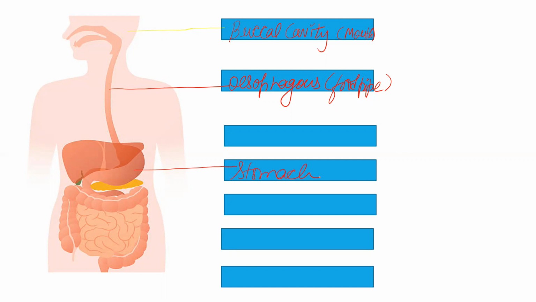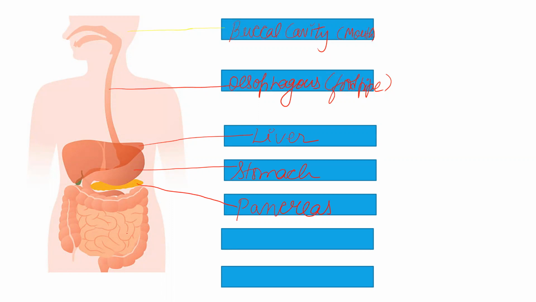Stomach is actually a bag which digests most of the nutrients. We have the liver, which is a type of gland which contains a few liquids. Those liquids help in digestion. Then one organ which is present just below the stomach is known as the pancreas.